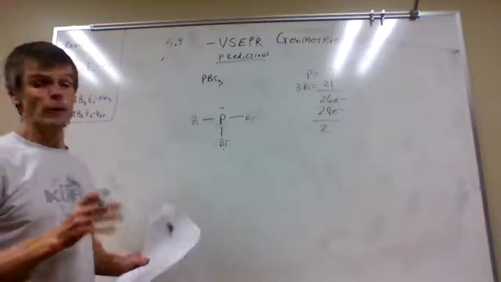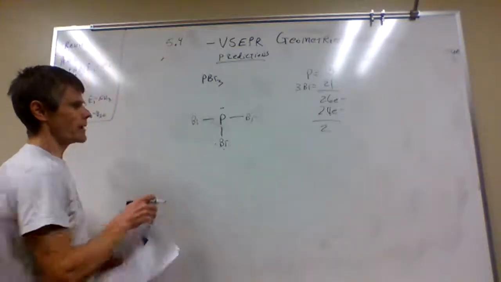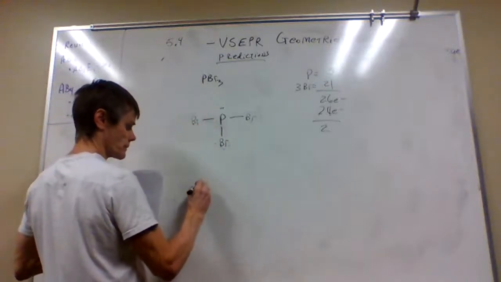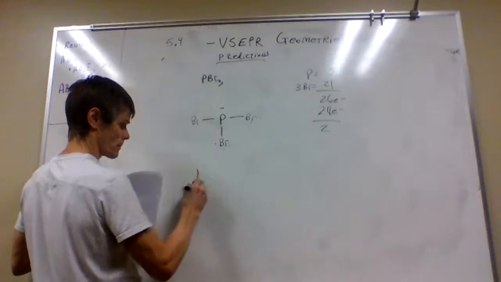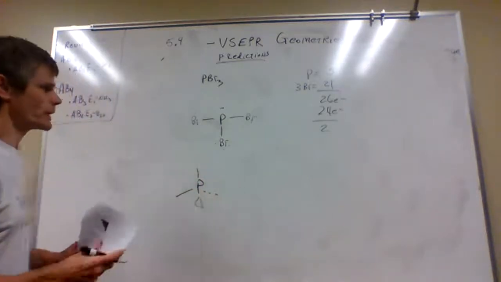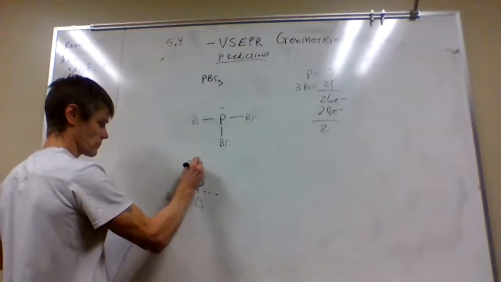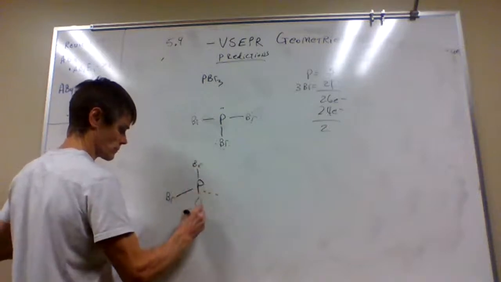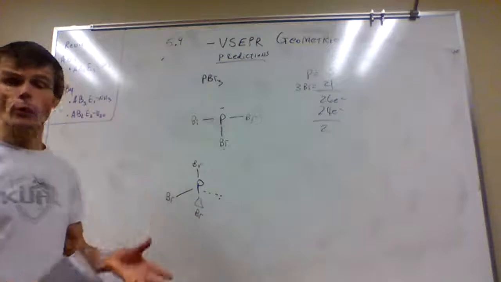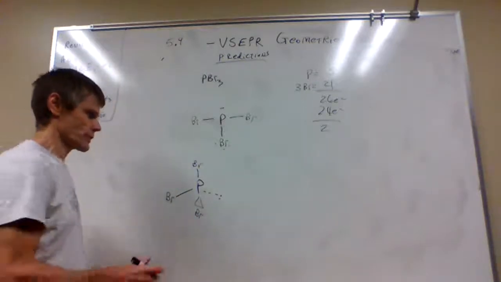And once again, we would predict in this situation that we have 4 electron domains about phosphorus. Three of them have bromine, and 1 is a lone pair. So the first question we might ask: what's the electron domain geometry?